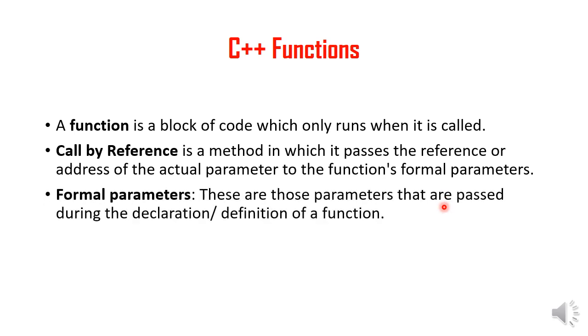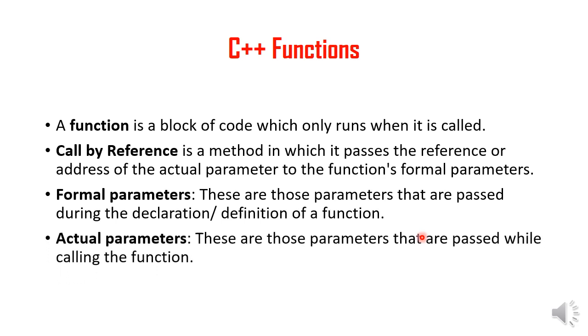So we have two types of parameters here. Formal parameters are the parameters that you pass to a function once you are defining it. Actual parameters are the parameters that are passed while calling a function.